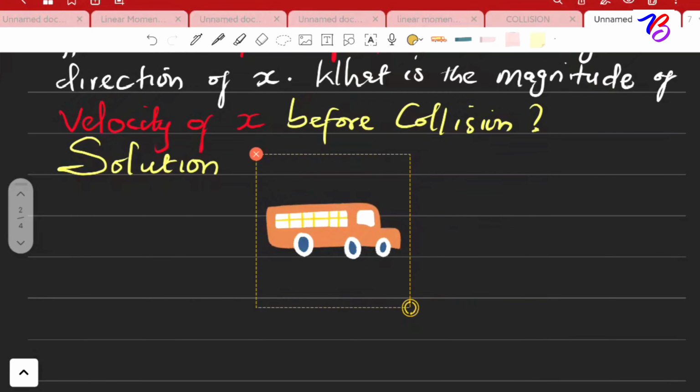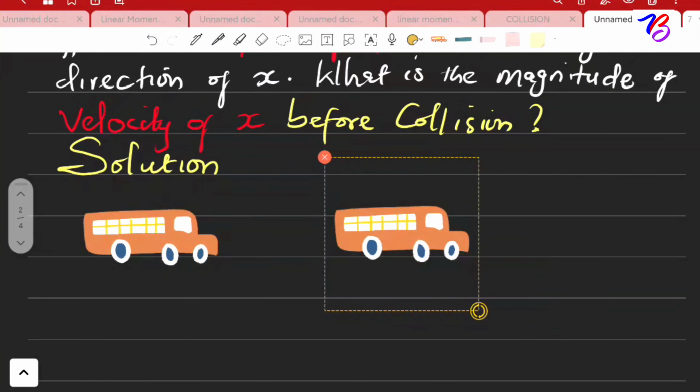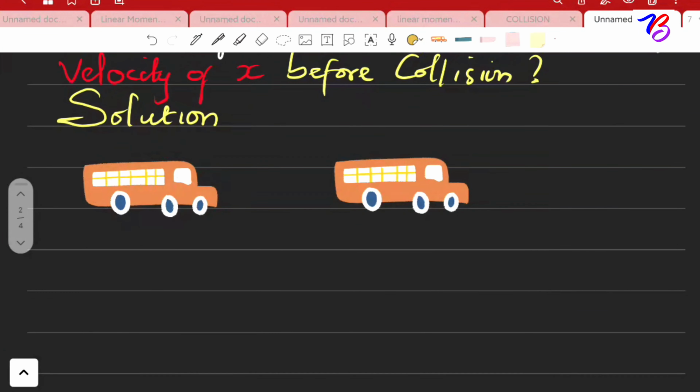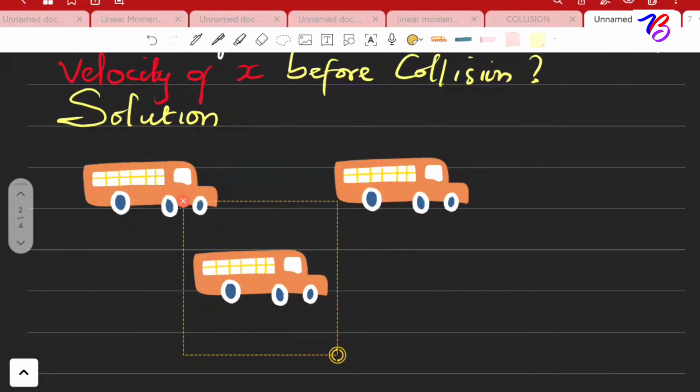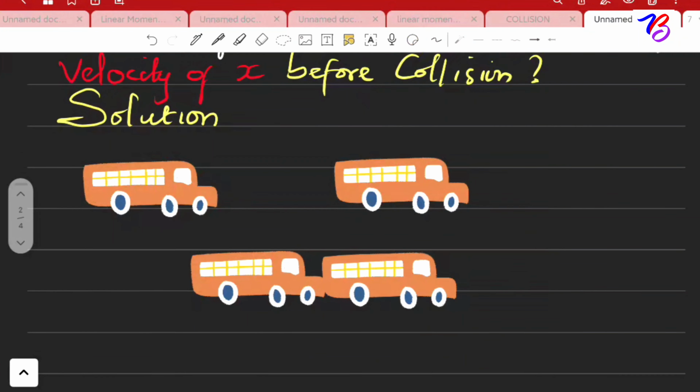Solution. Let's insert this box, another box, another box, and the fourth one. This depicts initial and final. The arrows will depict the direction of travel, or velocity, for the two.